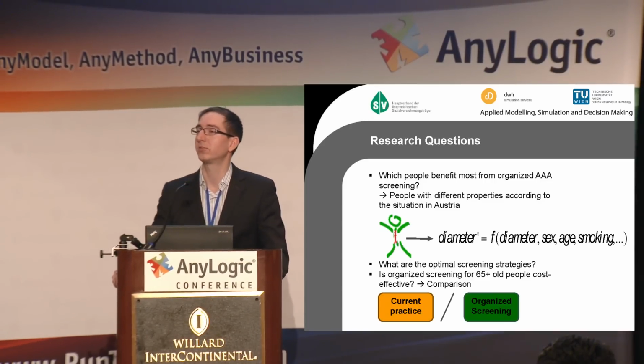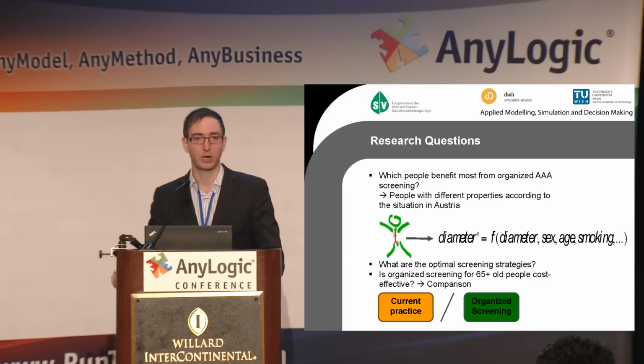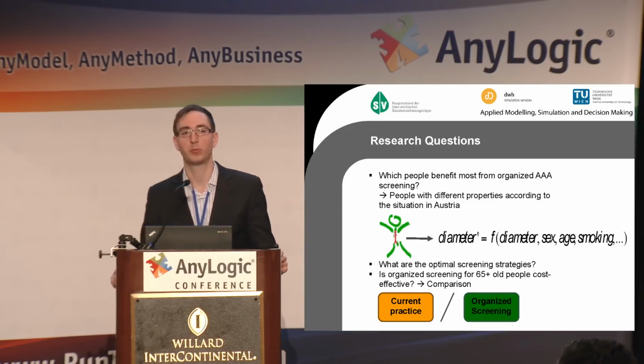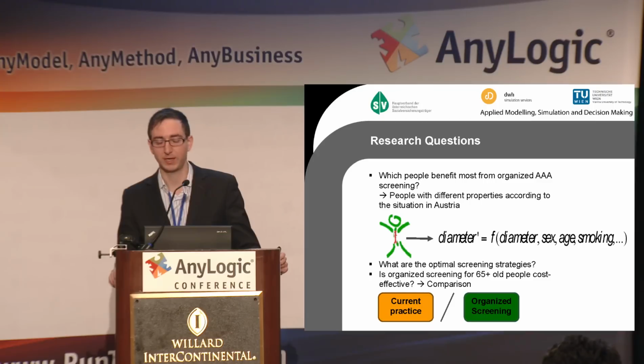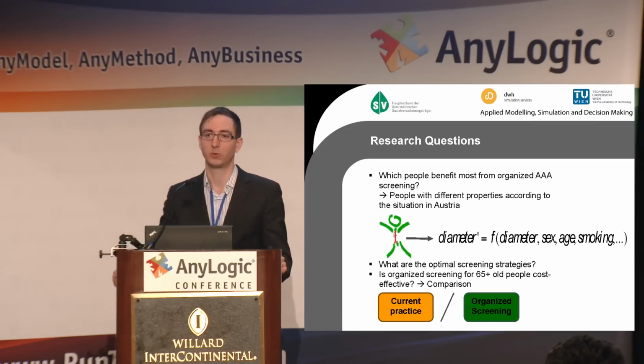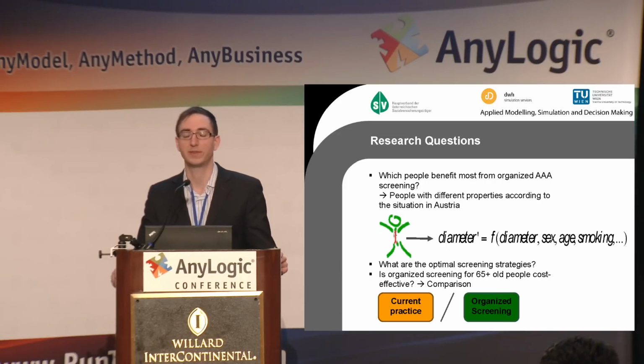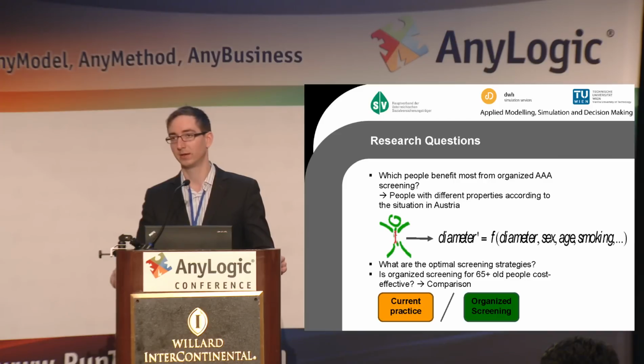In the end, they also wanted to know what the optimal screening strategies are. The classical approach from organized screening, like proposed by the HTA, is to screen just once at age 65, and then people with detected AAA will be screened again annually, but other people won't be screened ever again.